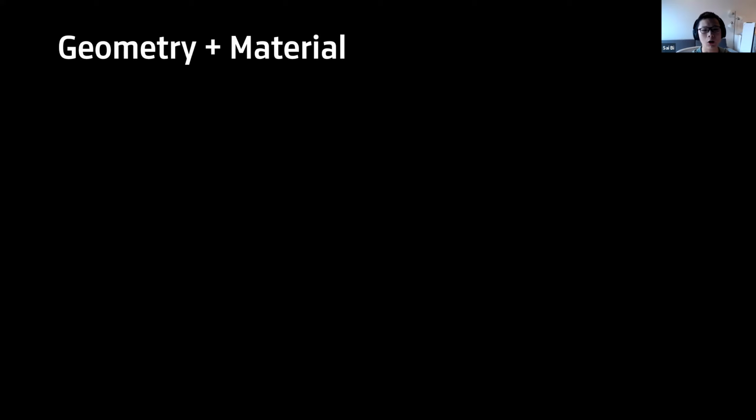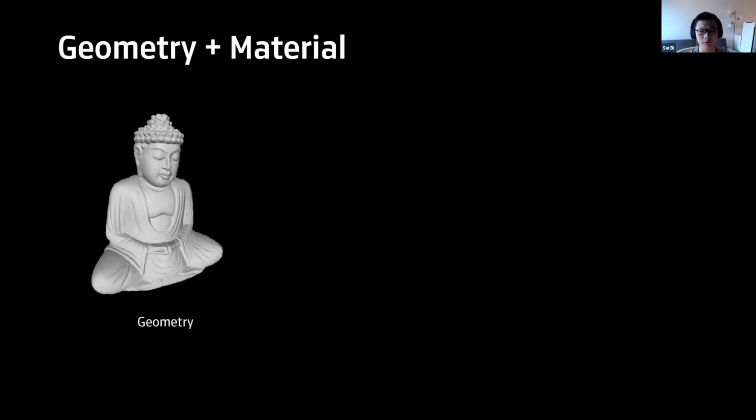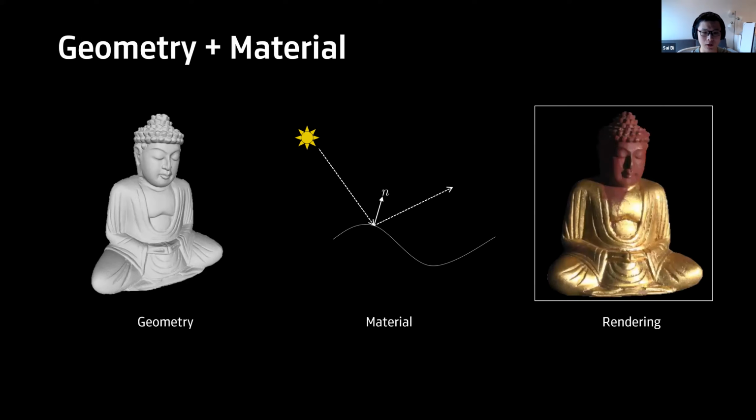To acquire the appearance of an object, one traditional method is to first reconstruct the geometry of the object, usually represented with a triangle mesh, and then recover its material properties, usually represented by its BRDFs. These 2 components allow us to visualize the object under novel lighting conditions from an arbitrary viewpoint.